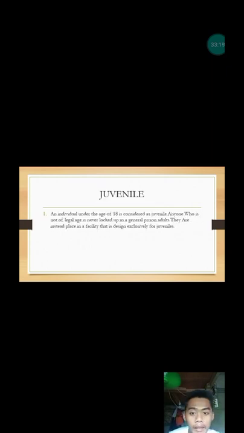Juvenile. An individual under the age of 18 is considered a juvenile. Anyone who is not of legal age is never locked up in a general prison with adults. They are instead placed in a facility that is designed exclusively for juveniles.